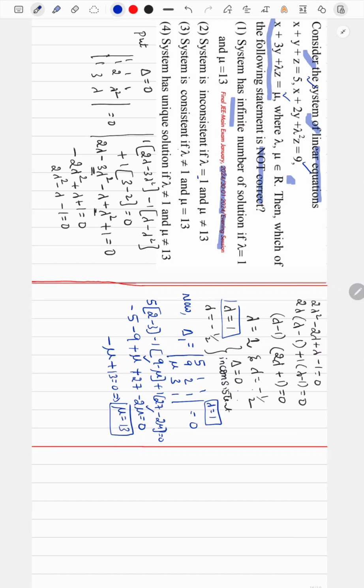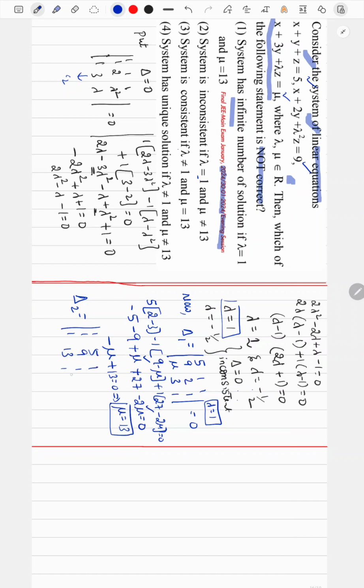So this is the value of μ when you put Δ1 equals 0. Similarly, try to find Δ2. Δ2 is as usual: the first column is as it is, 1, 1, 1. Replace the second column by 5, 9 and the μ value, which is 13.